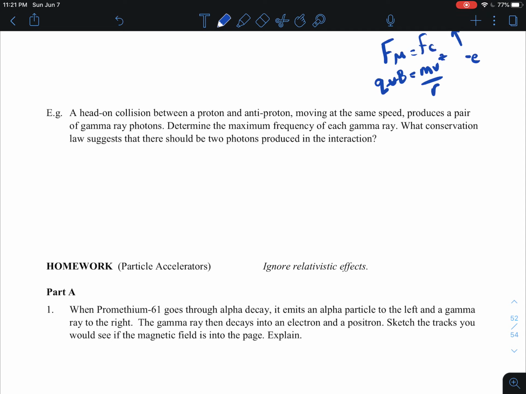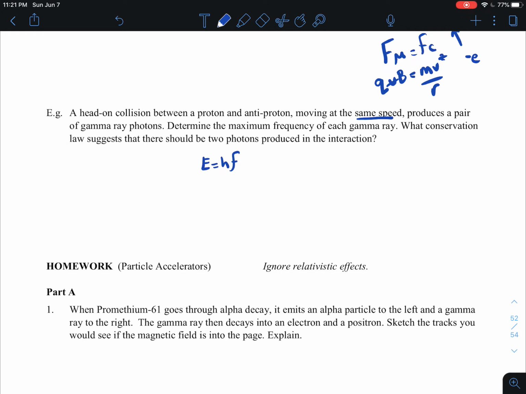The maximum frequency, remember, refers to E is equal to hf. So we're talking about energy conservation here. Maximum energy, I don't know if that's the right term. I would say probably minimum frequency might be a better term for this one, because we don't know exactly what speed.